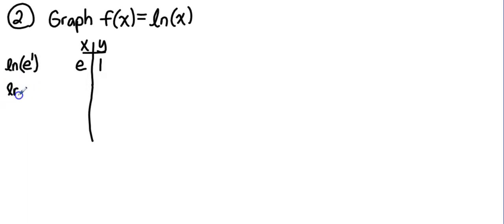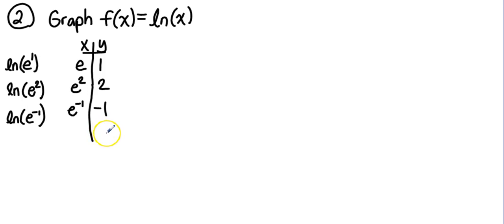What if I take the natural log of e squared? Well, natural log of e cancels out, leaving 2 behind. And for that, I plugged in e squared for x. Next, let's see what happens if I take the natural log of e to the negative 1. Natural log of e will cancel, leaving behind negative 1. And for that to happen, I plugged in e to the negative 1.